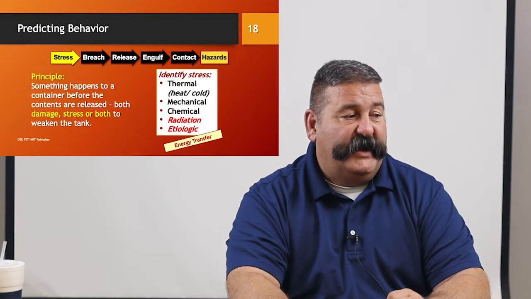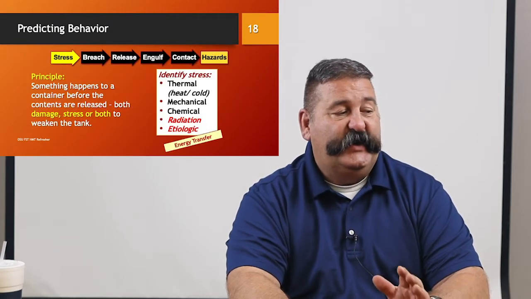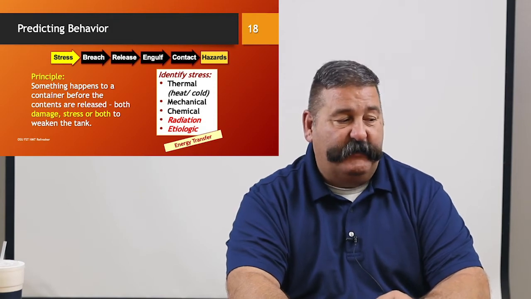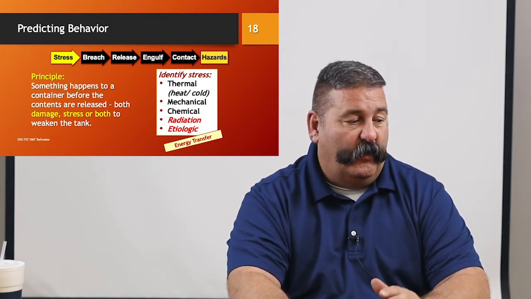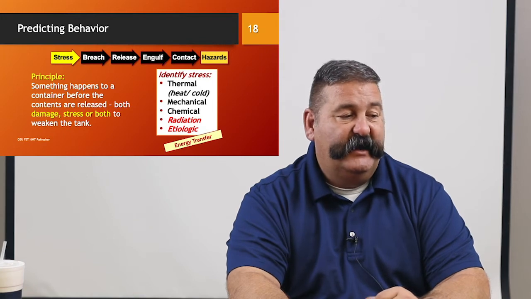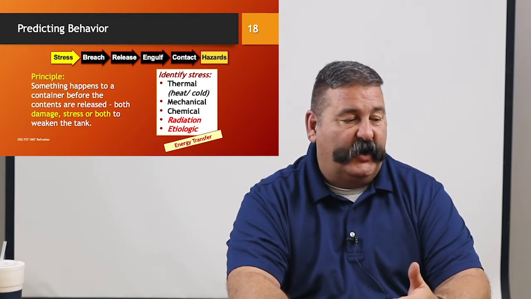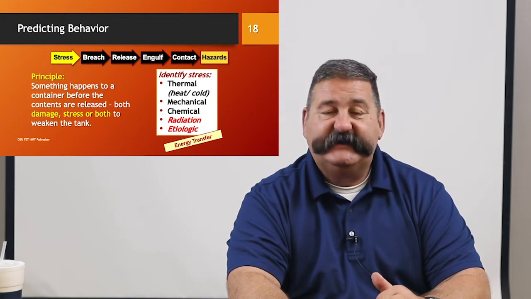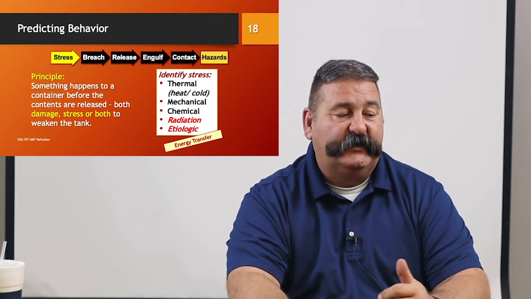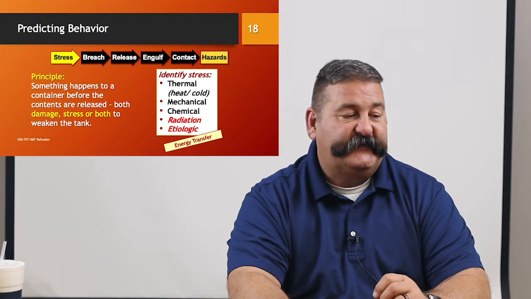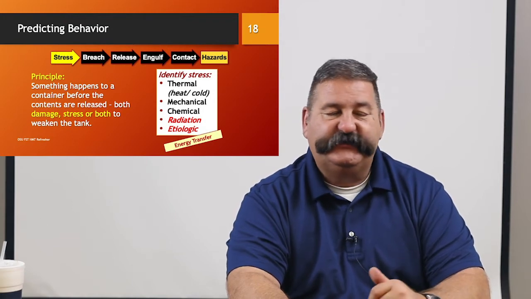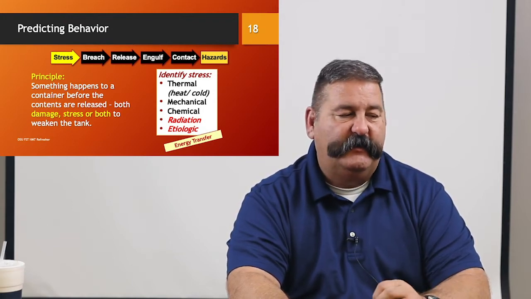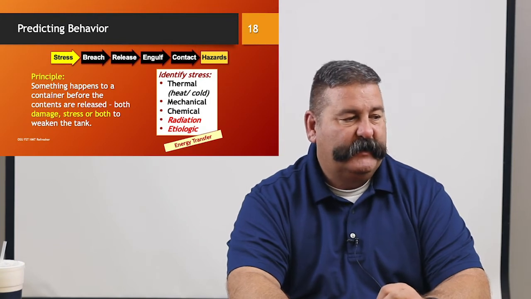So when we're predicting behavior, we start with stress. Something happens to a container before the contents are released, to damage or weaken that tank. That can be thermal, whether it's hot or cold. It can be mechanical, it can be chemical. Things like radiation and etiological are a type of energy transfer that takes place, but those first three are the ones we really look at: thermal, mechanical, and chemical.